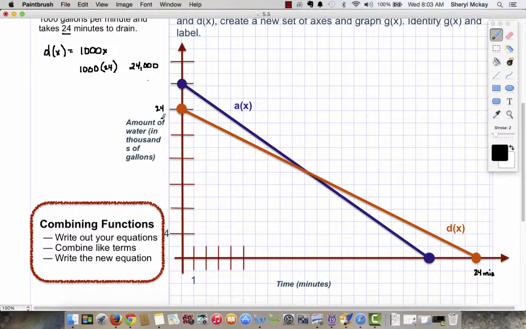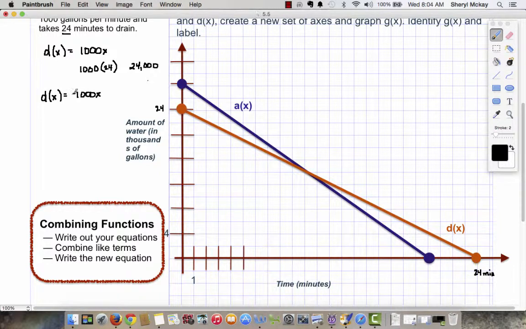Now that we know a little bit about Dane's pool and information, we can actually write an equation for Dane. We can say that d of x is equal to 1,000x, which is how fast his, the 1,000 is the slope, 1,000 over 1, 1,000 gallons per minute, times the time, which is x.